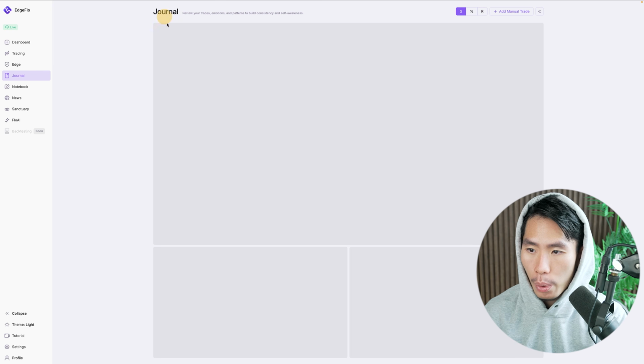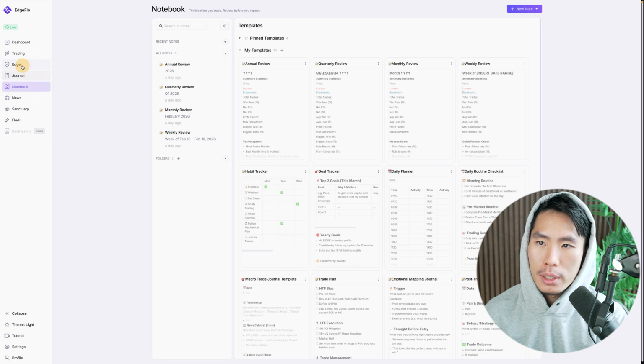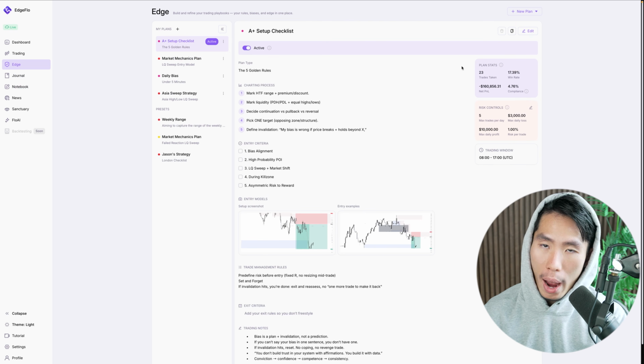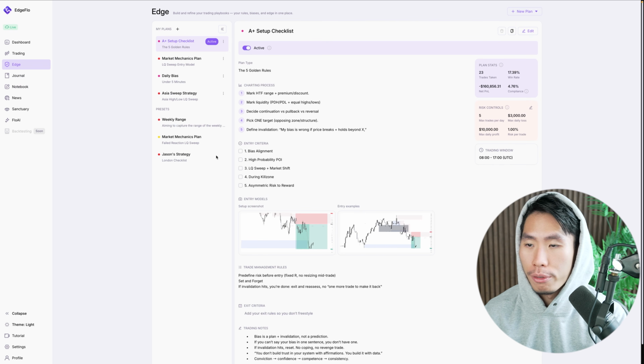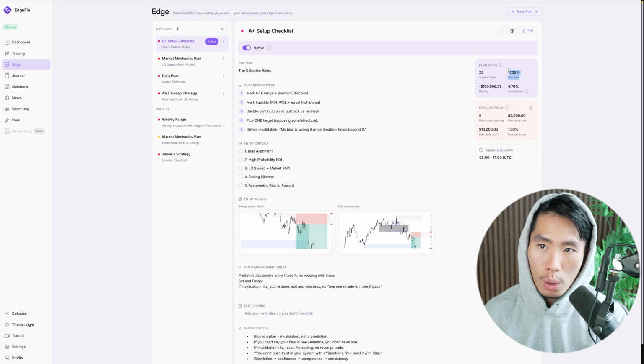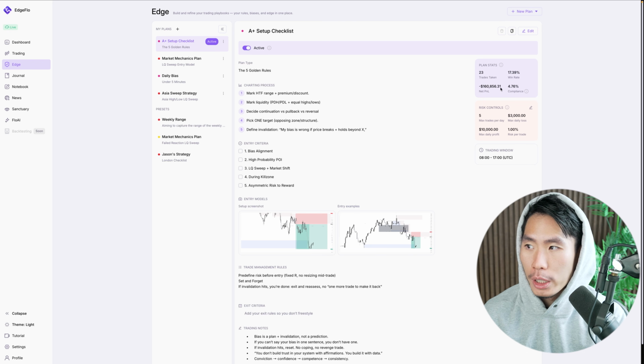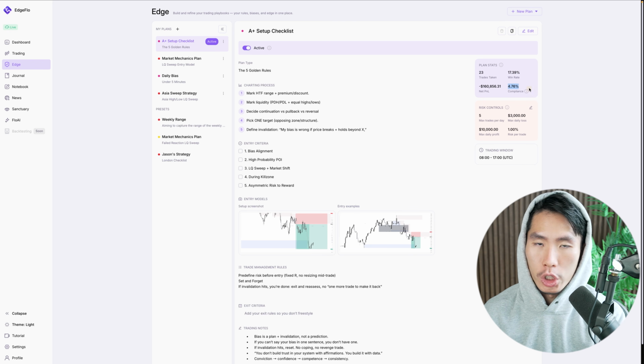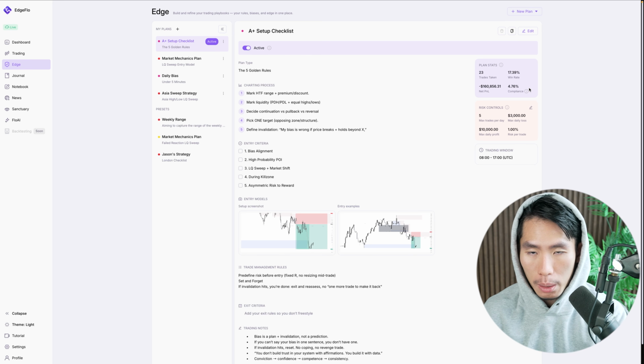And when you take multiple trades, when you go back to Edge, we are able to show you how effective the trade plan actually is, based on how many trades you have taken, what your win rate is while you're using this trading plan, what your P&L is, how much money you made or lost while trading with this trade plan, and what your compliance is, which is, did you actually follow your trading plan or not?